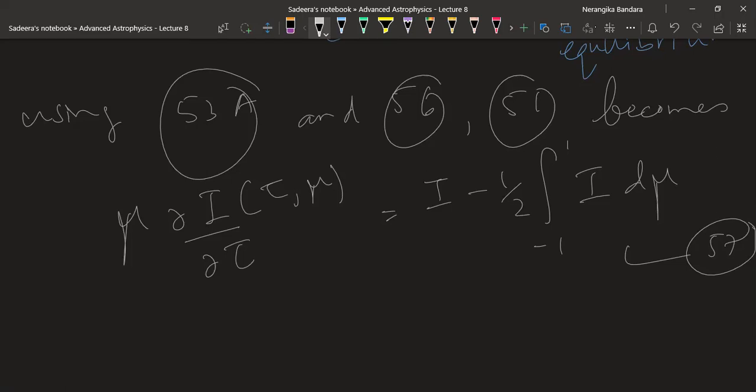You have to try it yourself and see what's going on. Anyway, this equation can be solved exactly.